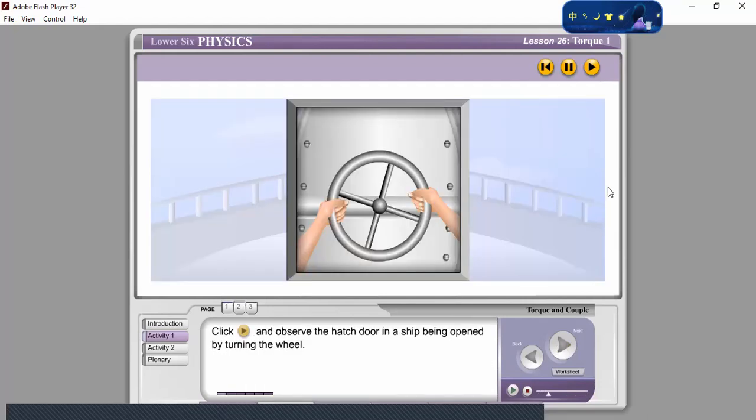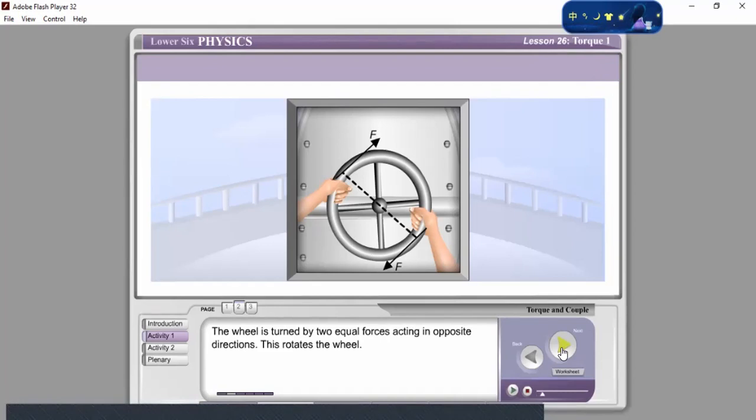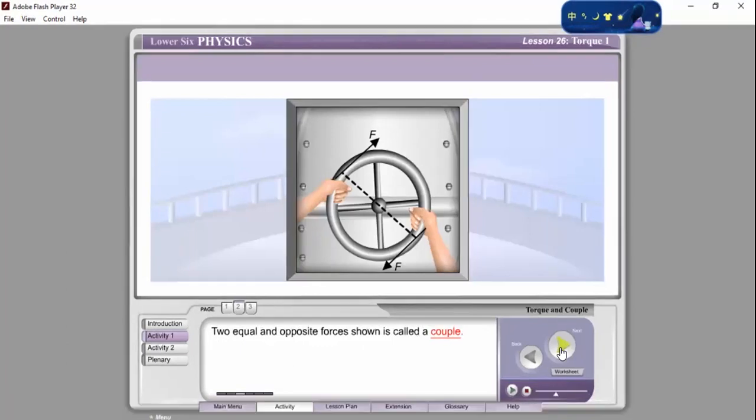In the vector form, tau equals r cross F. Click the play button and observe the hatch door in a ship being opened by turning the wheel. The wheel is turned by two equal forces acting in opposite directions. This rotates the wheel. Two equal and opposite forces shown is called a couple.